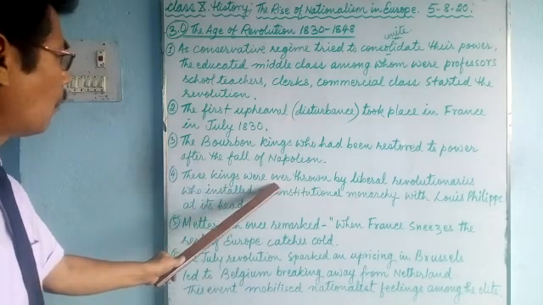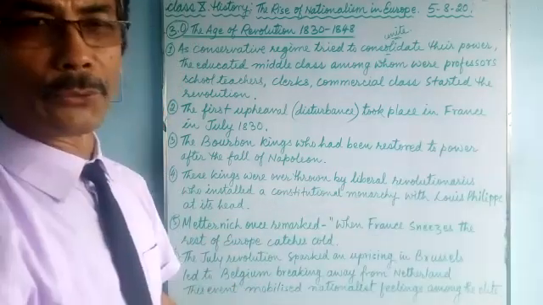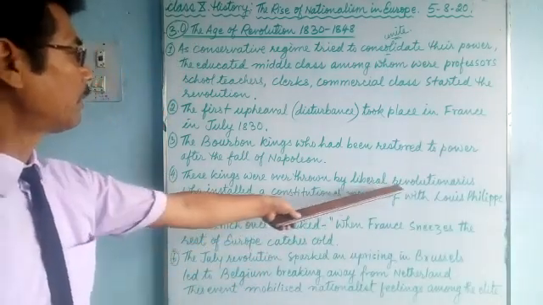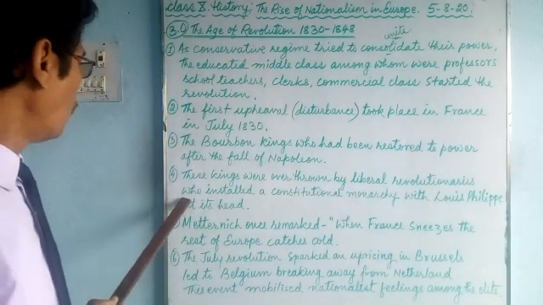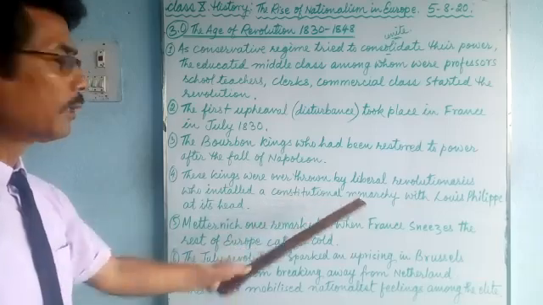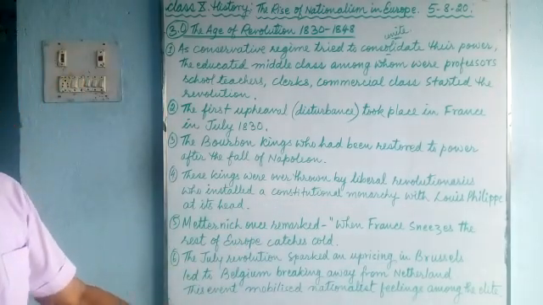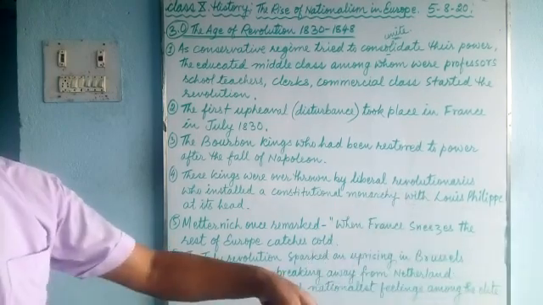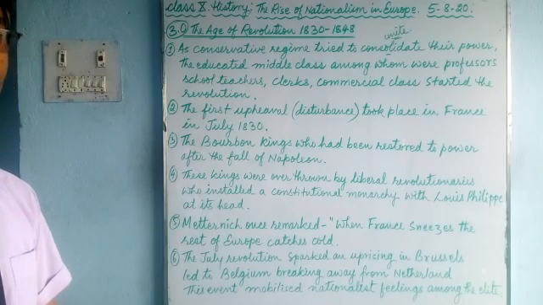These kings were overthrown one by one by liberal revolutionaries. Liberal revolutionaries means the educated middle class, who installed a constitutional monarchy. In France also the same thing happened.